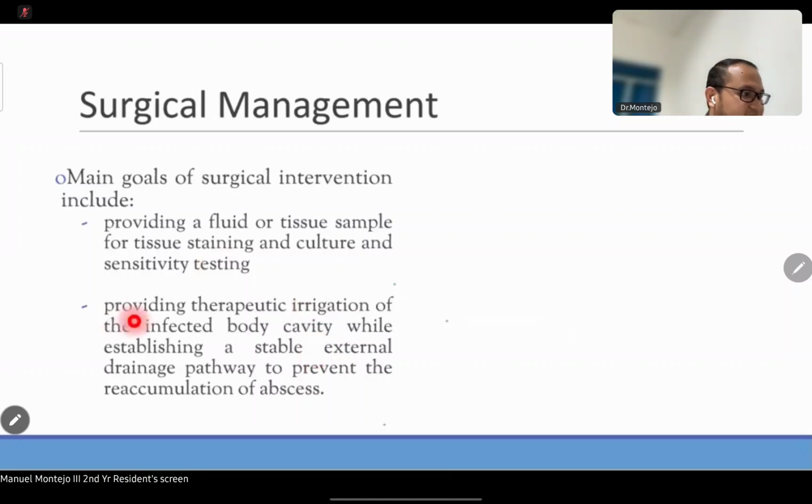And then next would be to provide therapeutic irrigation of the infected body cavity while establishing a stable external drainage pathway to prevent the reaccumulation of your abscess. So most of the time, we leave some drains in the access in the neck, to prevent the incision from closing, for continuous drainage.